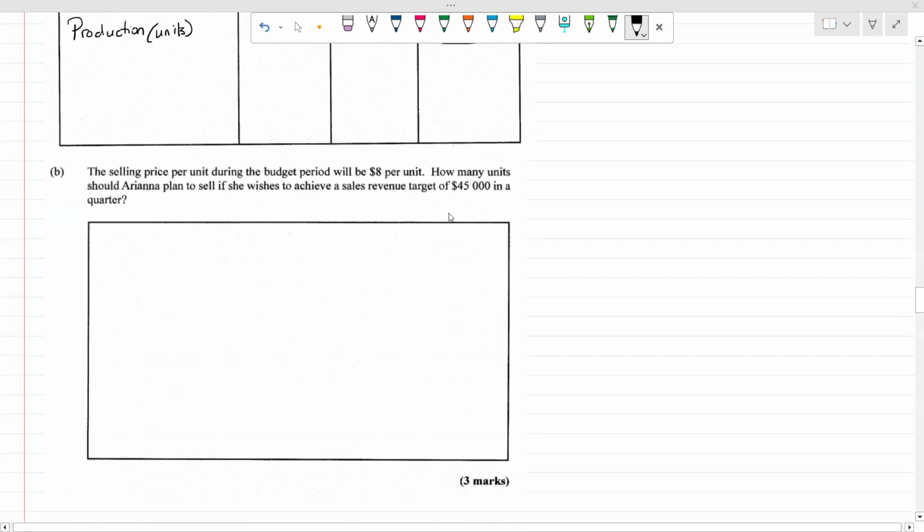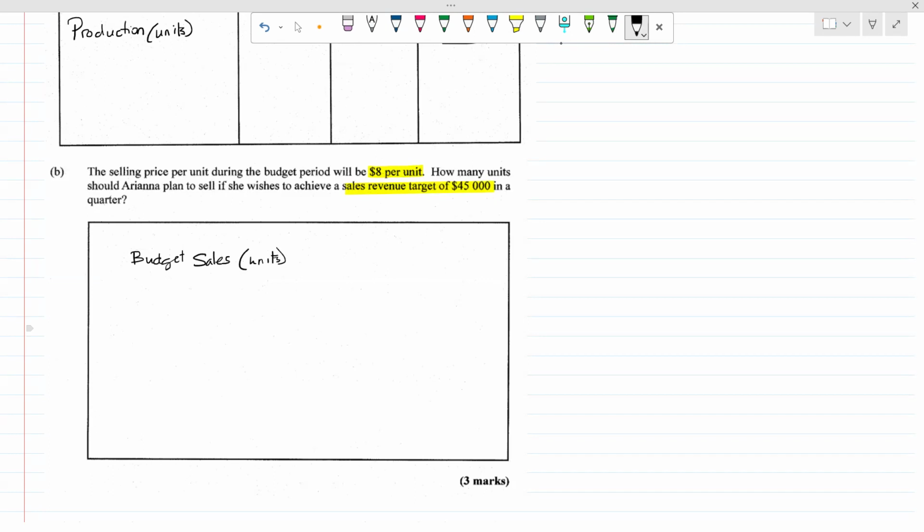The selling price per unit during the budget period will be $8 per unit. How many units should Ariana plan to sell if she wishes to achieve a sales revenue target of $45,000 in a quarter? So, budgeted sales, and this is in units.